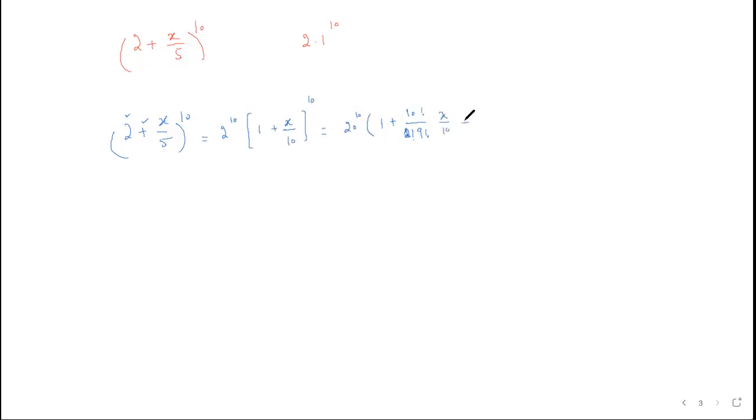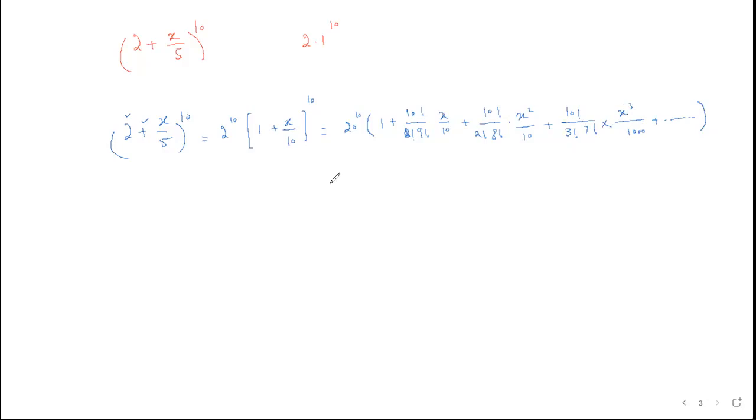Then the next term is 10 factorial divided by 2 factorial and 8 factorial, times x square divided by 100. And the next term is 10 factorial divided by 3 factorial times 7 factorial, times x cube divided by 1000, plus the higher order terms. And why are we ignoring higher order terms? Because the number will be very, very small there.